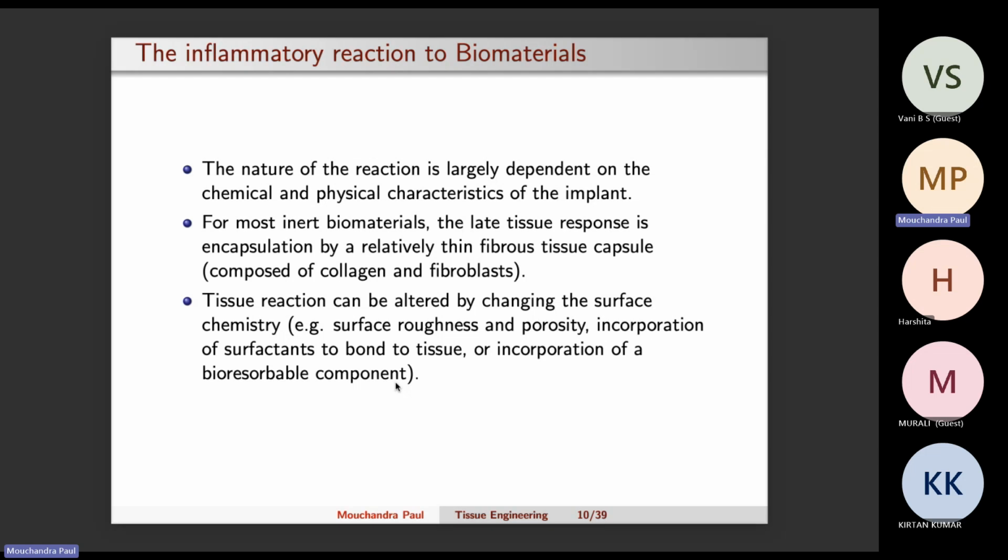So in those types of biomaterials, a thin capsule of collagen and fibroblast gets formed through the process of fibrosis. All right, because our body will think it is foreign, and it basically cannot remove it from the body. The cells are confused about how to remove it.